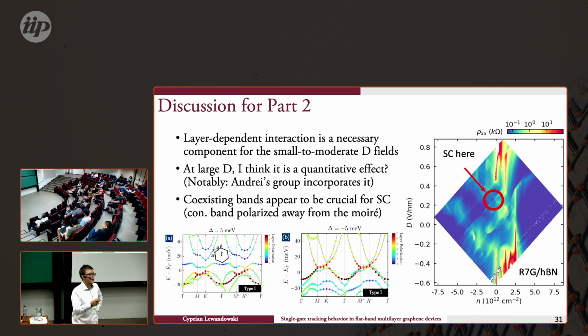But I absolutely agree that in the pentalayer, it matters if I include the valence band or not. If I don't include it, I will generically get bands which are very flat. If I include them, then the bands are no longer as flat as the first generation theory would suggest. Excellent, thank you. More questions?